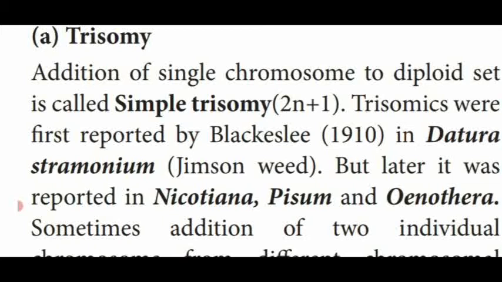This trisomic ploidy was reported by Blakeslee in the year 1910 in Datura stramonium, whose common name is Jimson weed. Later this trisomy condition was reported in Nicotiana tabacum, Pisum sativum and Oenothera lamarckiana.